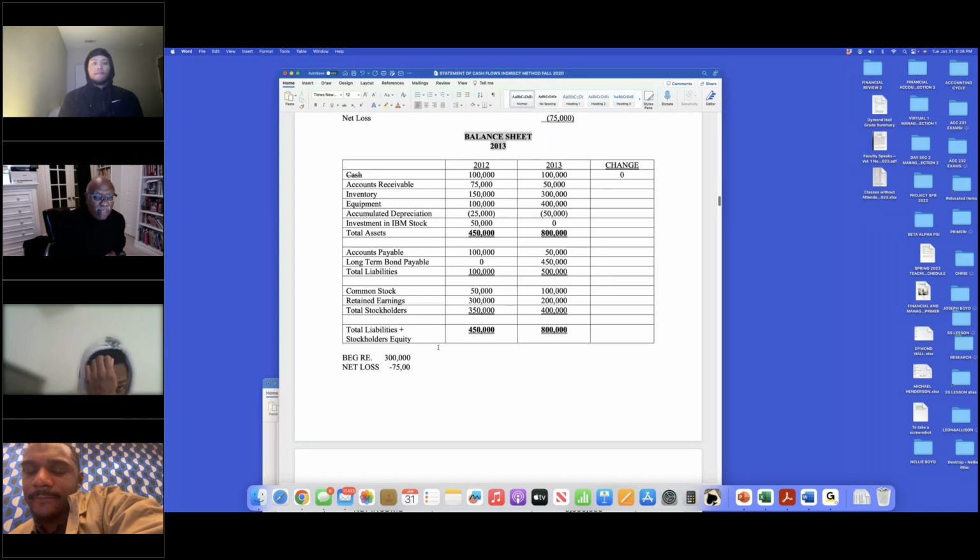So my net retained earnings at this point is 225,000. And what I know is that next on that statement of retained earnings, I'm going to subtract the dividend. But I don't know what the dividend is. I don't see it.